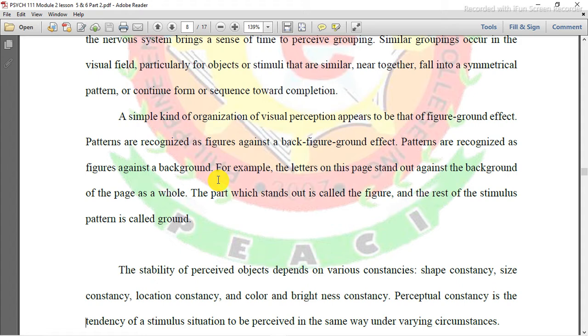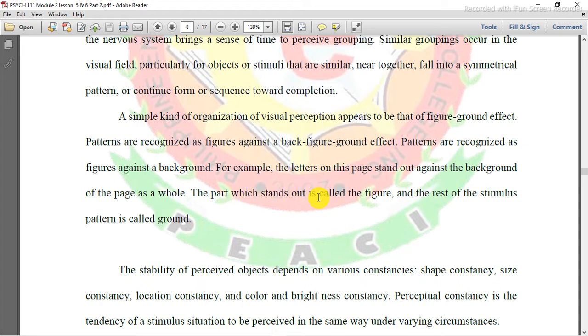No, ano yung mapapansin mo doon? Yung figure or yung building. For example, letters on this page stand out against the background of the page as a whole. 'Di ba? Mas nakikita mo yung letters kumpara sa likod na parang papel or yung white kasi nga background lang to. Yung meron talagang figure dyan sa background, no?